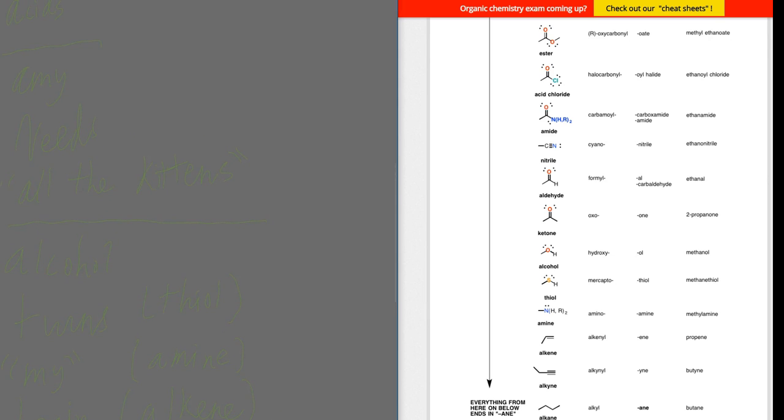Alcohol. All the kittens. Okay, I need to reorganize this.